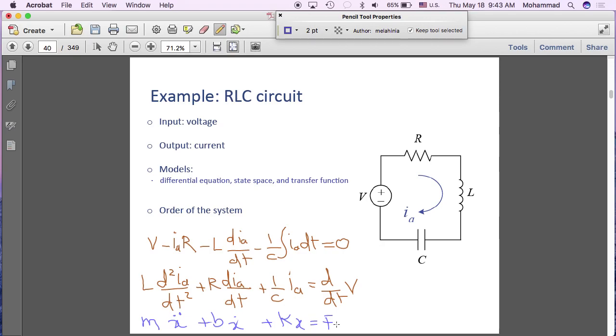So you can see that in this circuit, the inductance works like an inertia element.